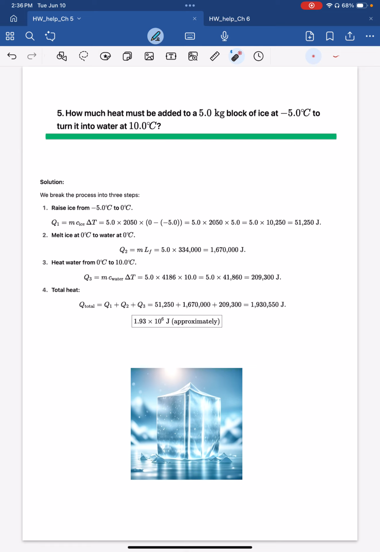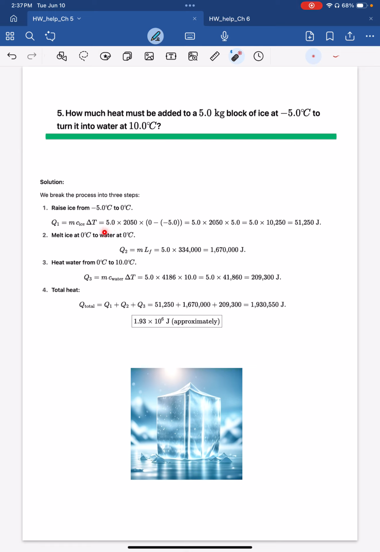So in the first part, the heat required to raise ice from -5 to 0. That is normal heating. That's why we use this formula: mass times specific heat times change in temperature. And that would be the specific heat of ice, because it is ice that's being heated. Again, that will be given. It's about half of that of water, and that's given here. You can see.